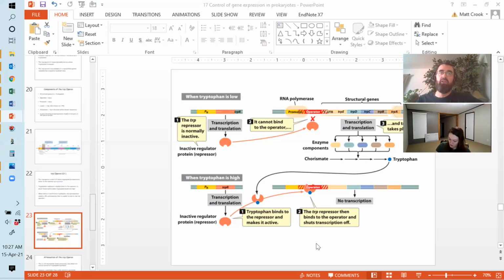So this is how we go from that binary on, off deal with the trp operon. We're basically going to start reducing how often RNA polymerase successfully transcribes the trp operon.